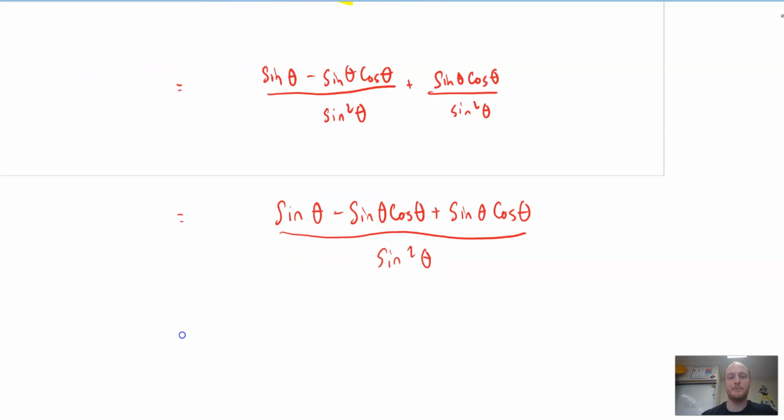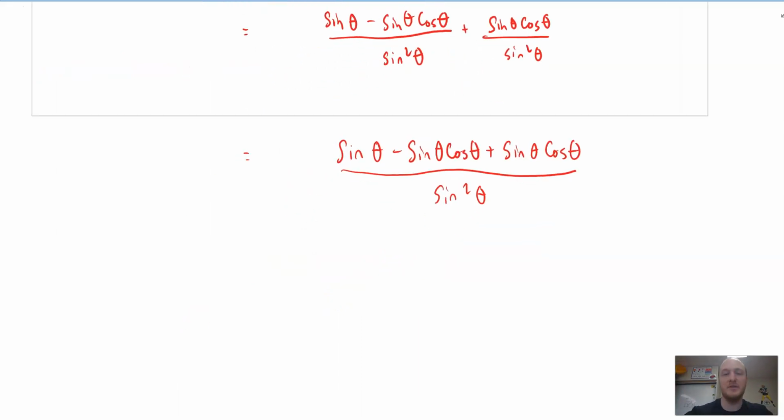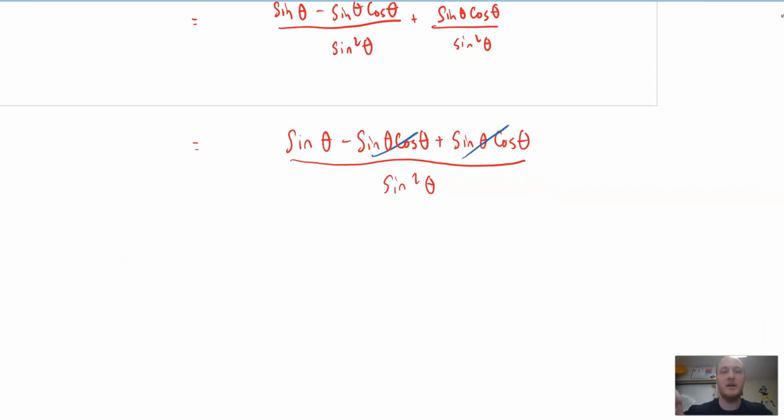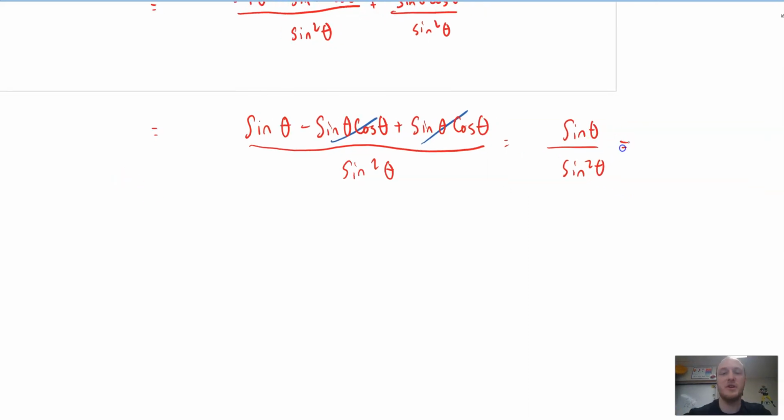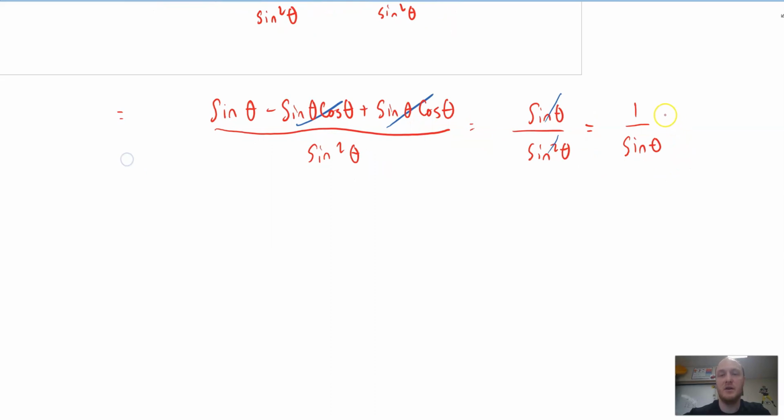All right, so what happens? Well, notice that these two terms are opposites, so they cancel, and we now have sine theta over sine squared theta, which after this cancels, we get 1 over sine theta, which is equal to cosecant theta.